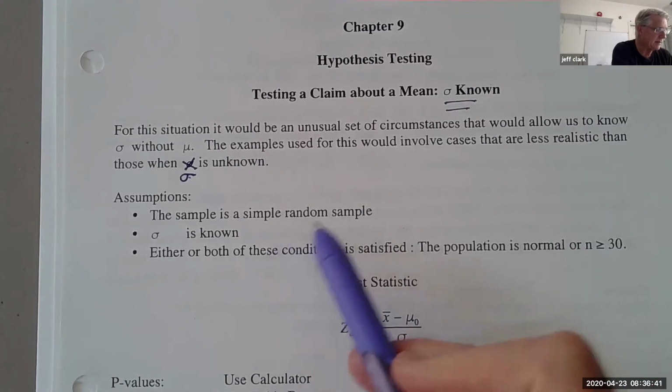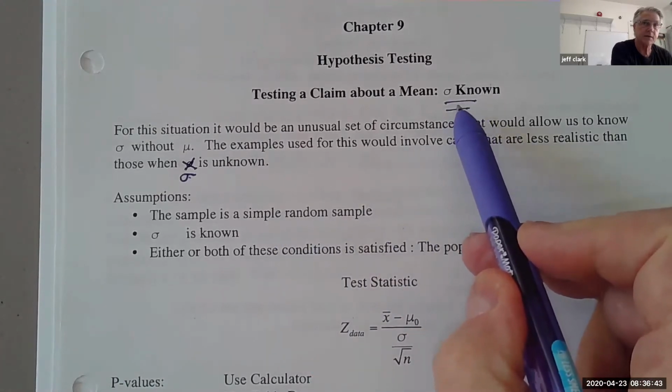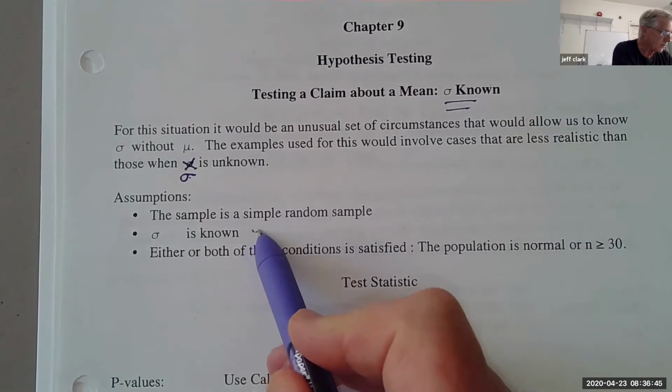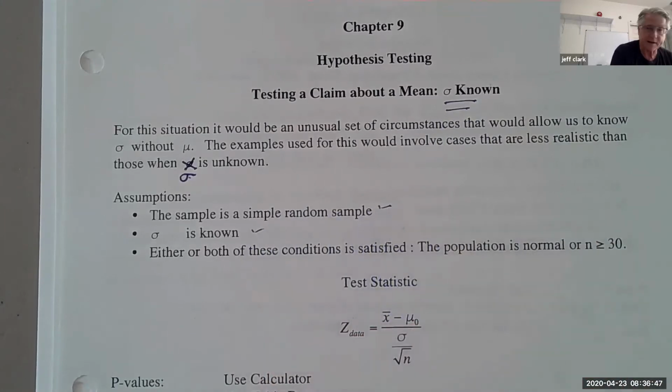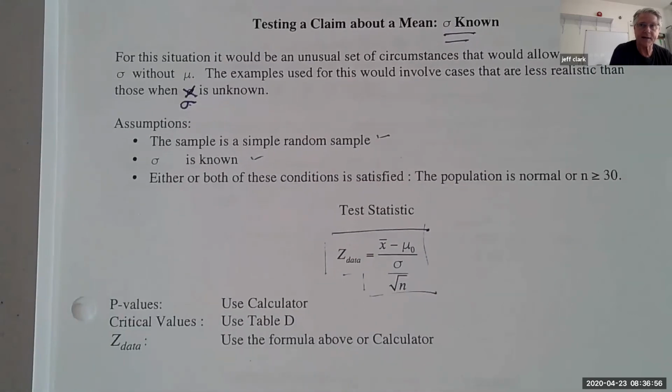So in the one where sigma is known, we're going to sample from a random sample, and this should look familiar. In the past, you've had a z-score formula.